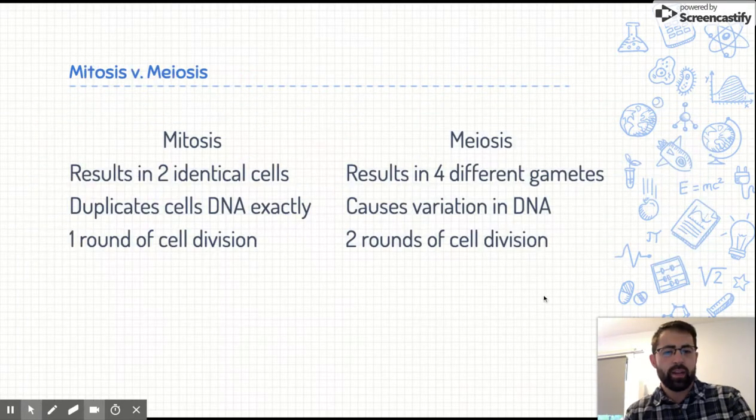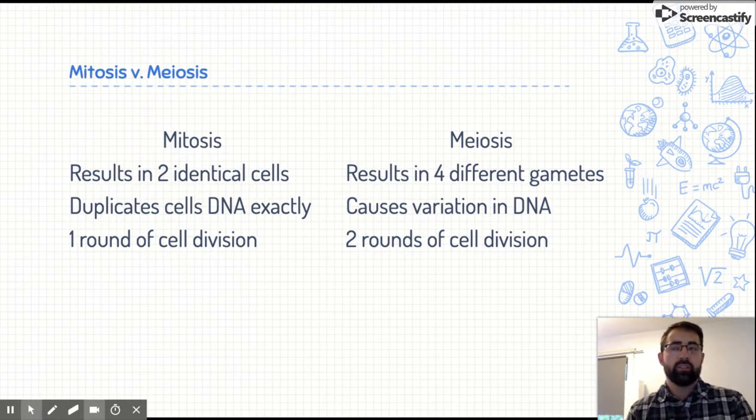All right, so let's compare these two. So in mitosis, we get 2 identical cells, identical to each other, identical to the parent cell. In meiosis, we have 4 different gametes. They have distinct genetic information from each other and from the somatic cells, from the parent cells.